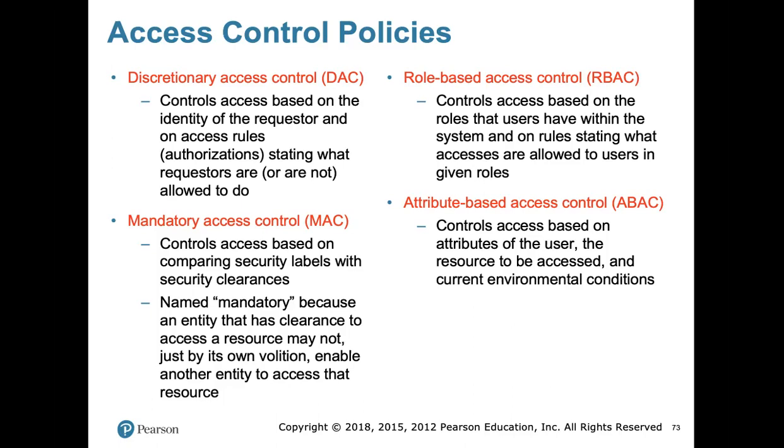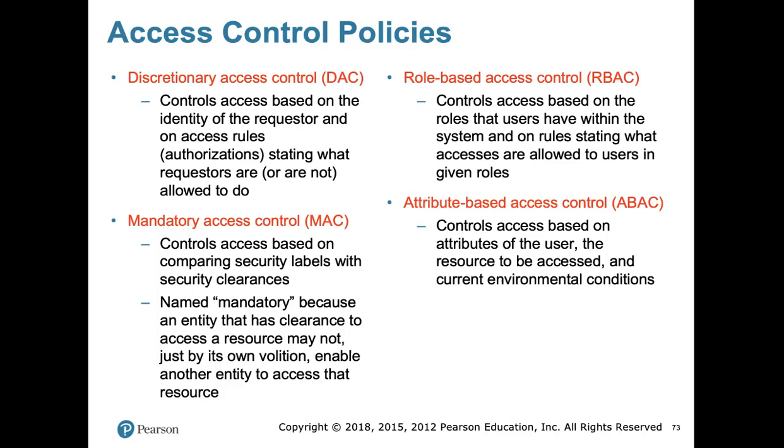The third one is mandatory access control. Mandatory access control controls access based on comparing security labels and security clearances. We have some security labels and some permissions that we have granted. They are called security clearances.